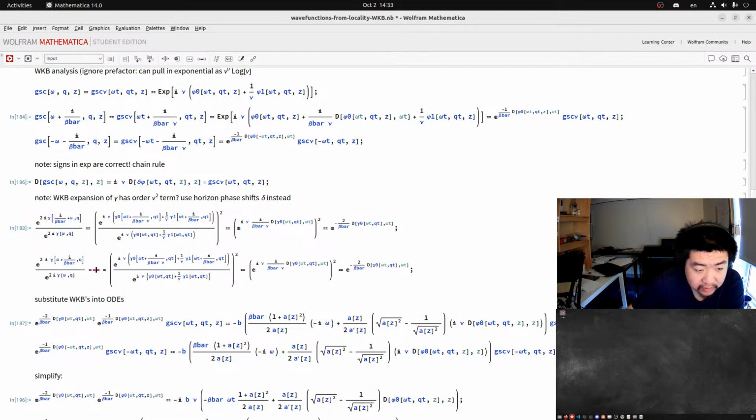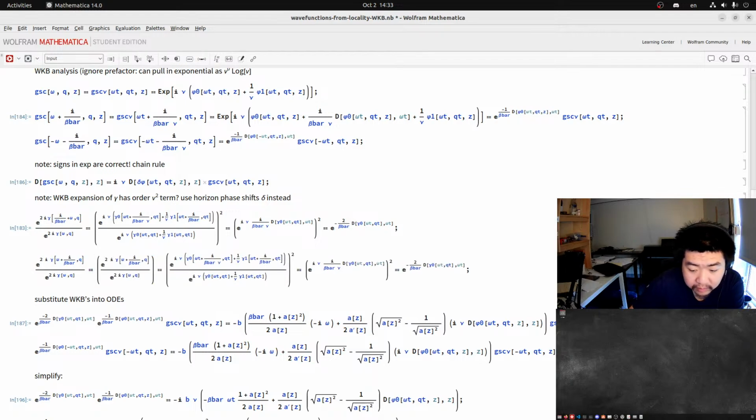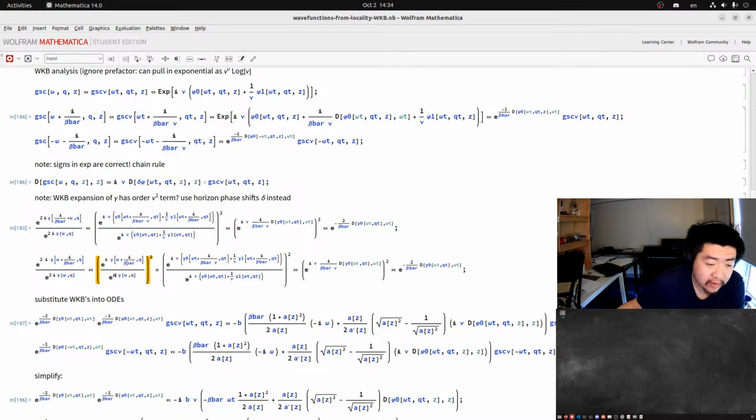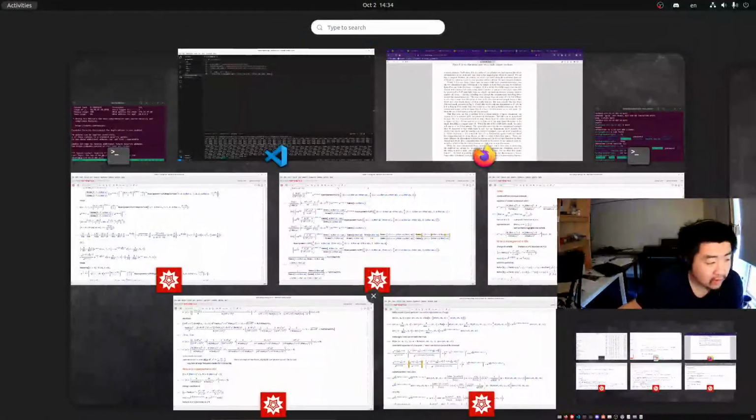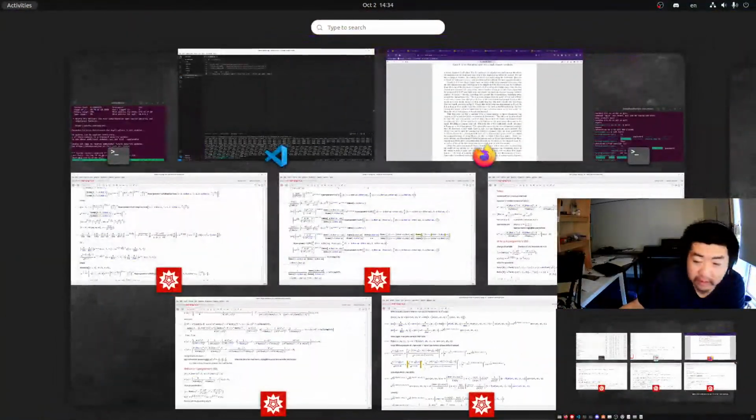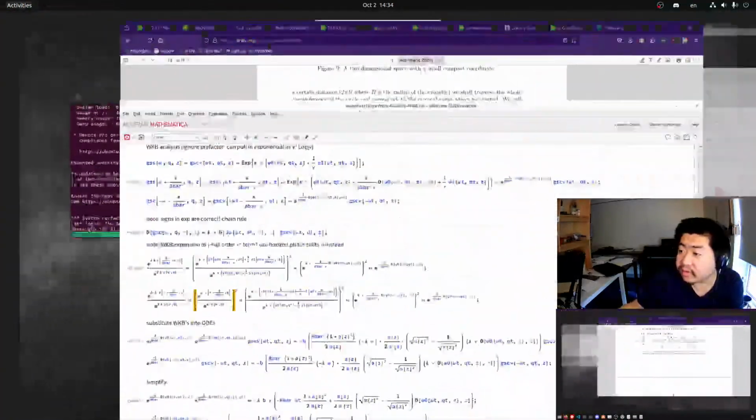Okay, there's nothing wrong with squaring it. Then this thing is related to deltas. But there are too many sign errors here that are all important.